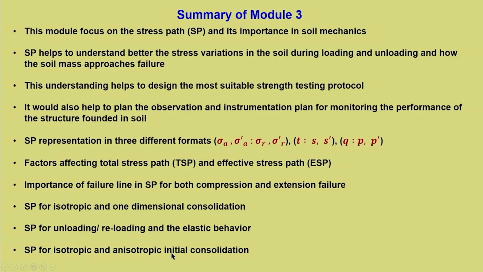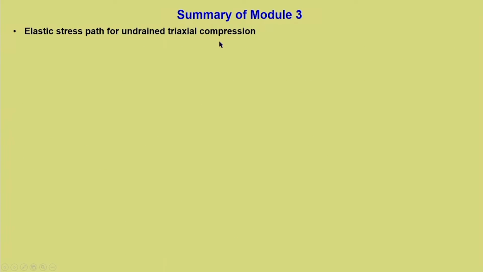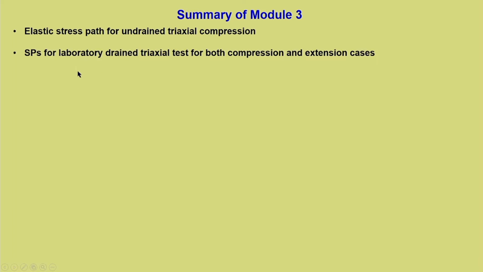So, the influence of K, depending upon the initial K value, how it is going to change and where the starting point actually gets placed. So, we have discussed both K less than 1 and K greater than 1. Elastic stress path for undrained triaxial compression, we have already seen that.